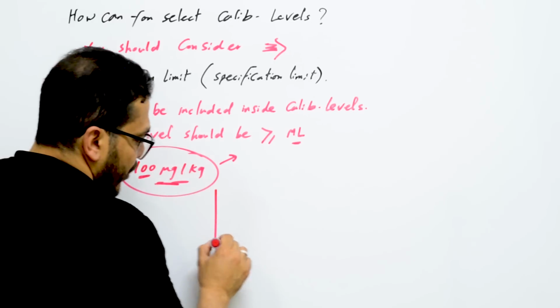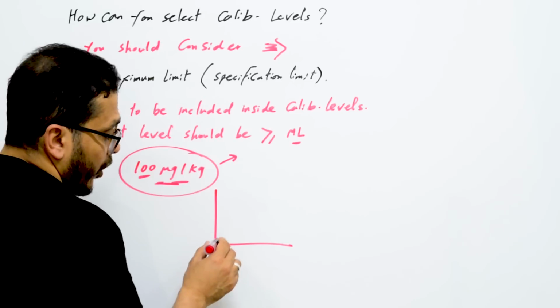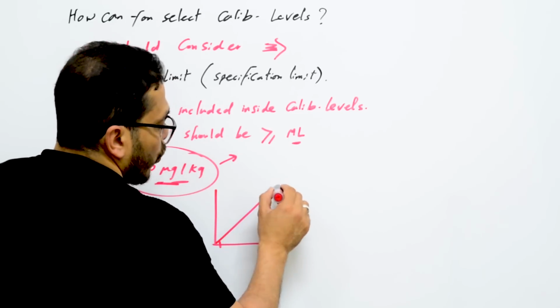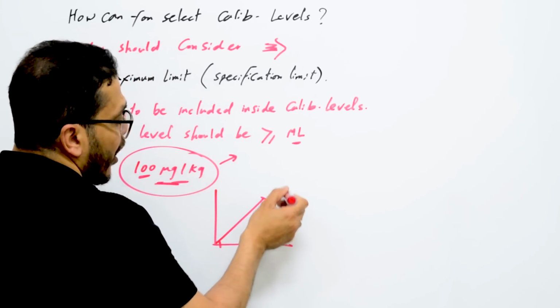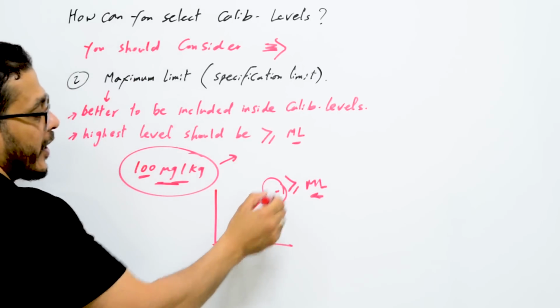So the levels should start from 1 point before LOQ, and end with the highest level, which should be higher than or equal to the maximum limit. That will be the highest level.